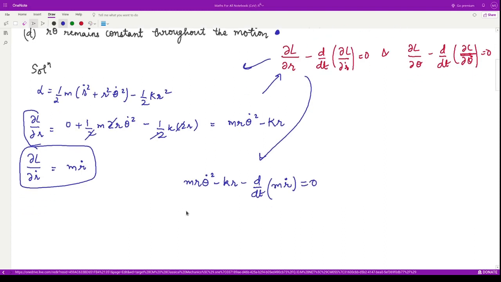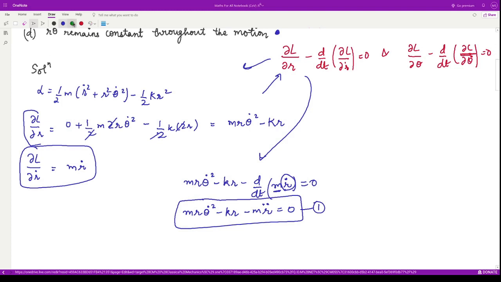Here m is constant, being the mass, so you have to take the derivative of r dot, which would be r double dot. Dot here represents the derivative with respect to time. So it would be m r double dot equal to 0. So this is one equation, call it equation number 1.